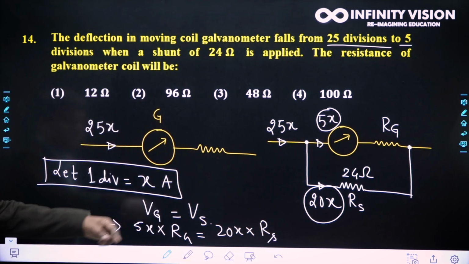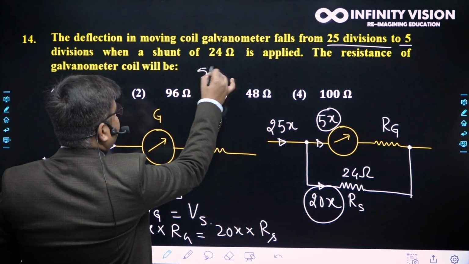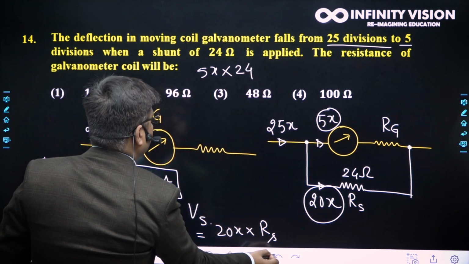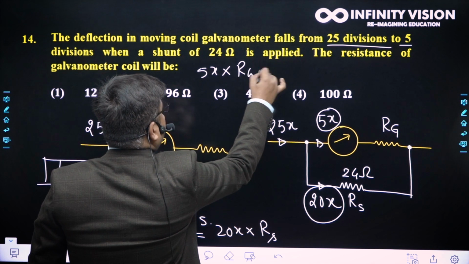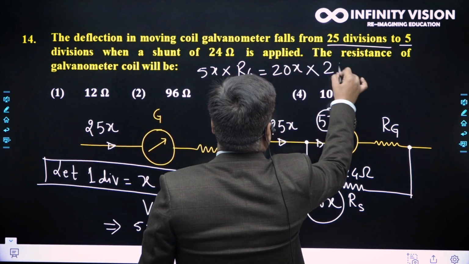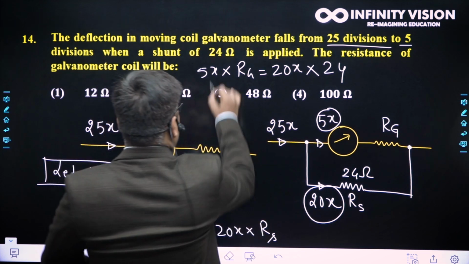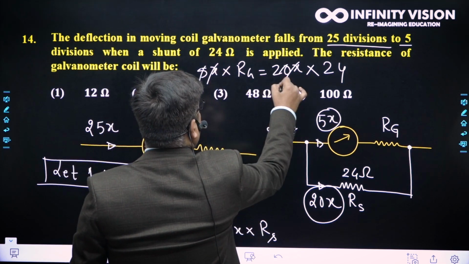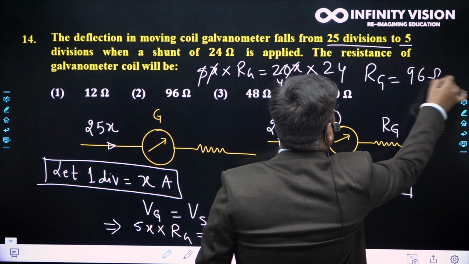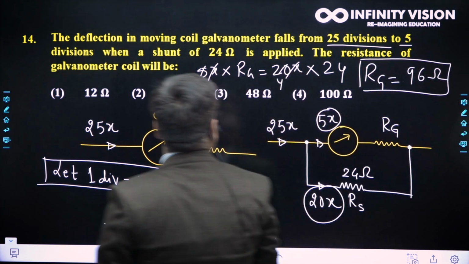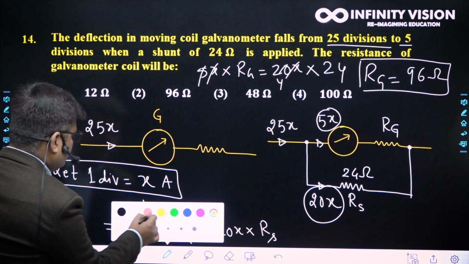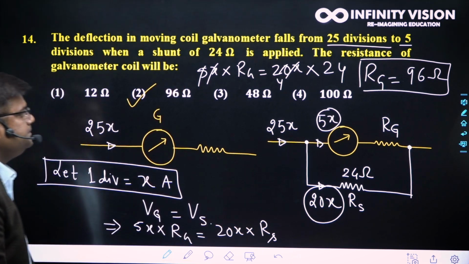Rg we have to calculate. Rg equal to 20X into Rs, which is given as 24. So X gets cancelled out, 5 4s are 20. So Rg will be nothing but 96 ohm. This is the final answer. 24 into 4 is 96. So the correct option for this question is 96 ohms.